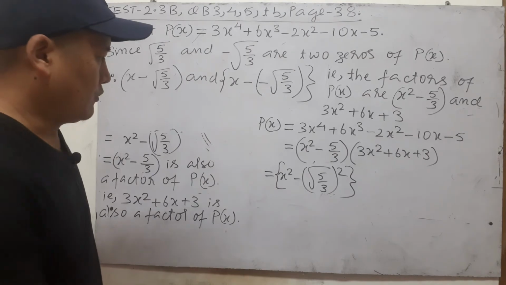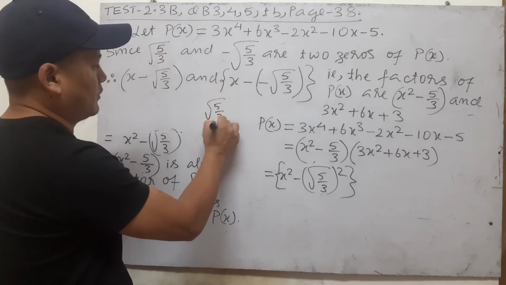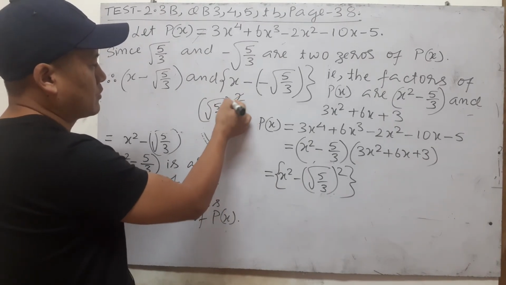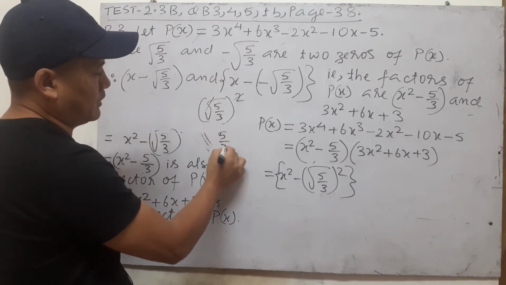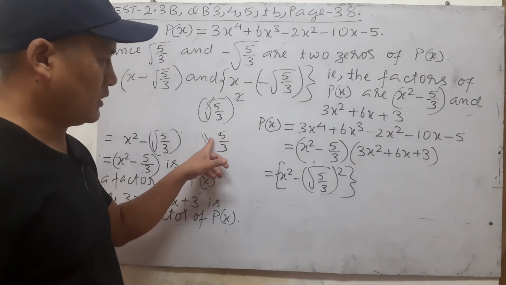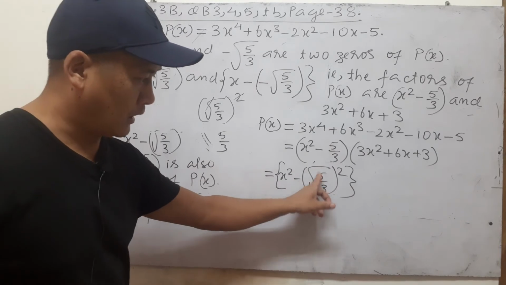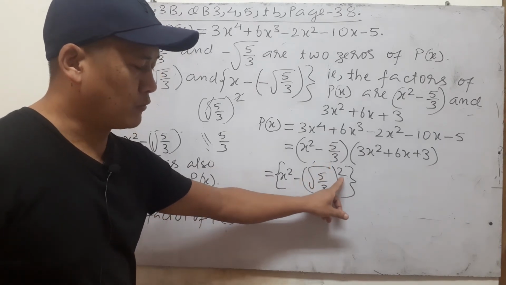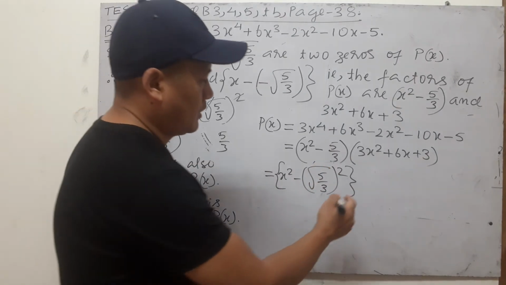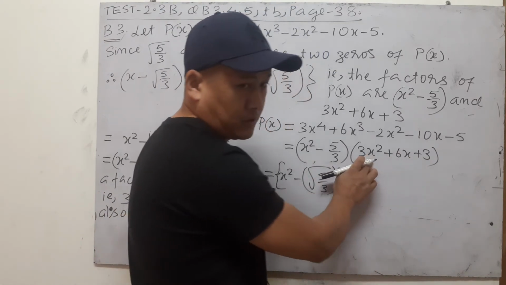Let me explain that: root 5 by 3 whole squared means the square and the root cancel, so 5 by 3 is left. So this 5 by 3 can be written in another form as root 5 by 3 squared. That's allowed. And then we can split this middle term because this is a quadratic polynomial.